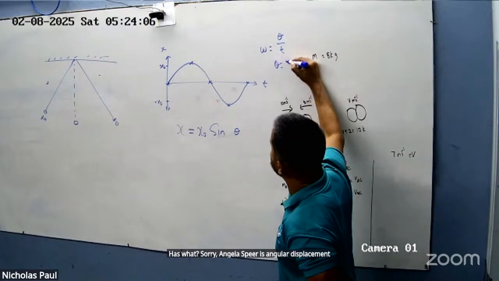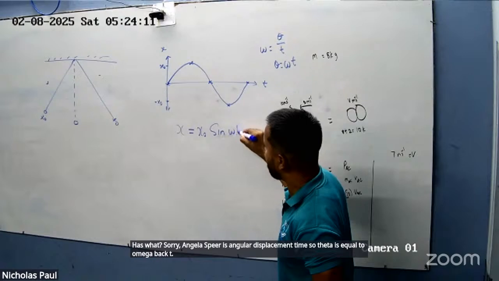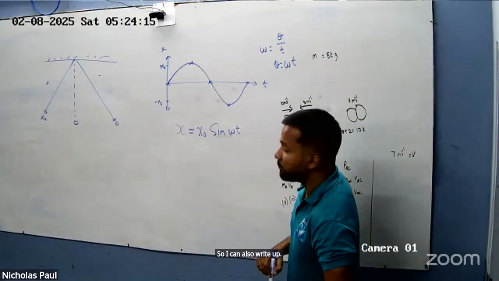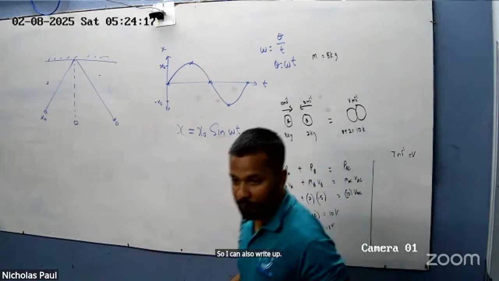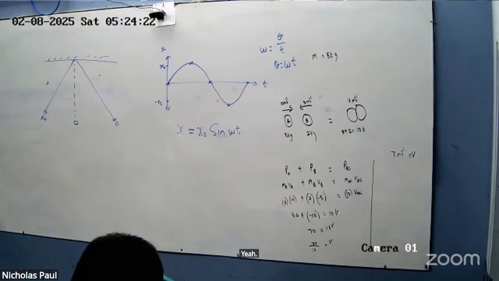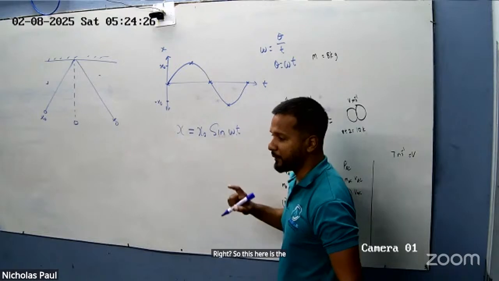So theta is equal to omega t. So I could also write that. Everybody okay with that? So this here is the graph of displacement.